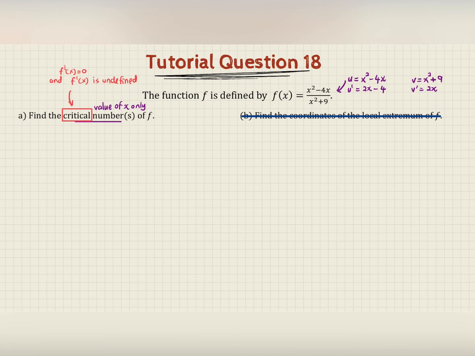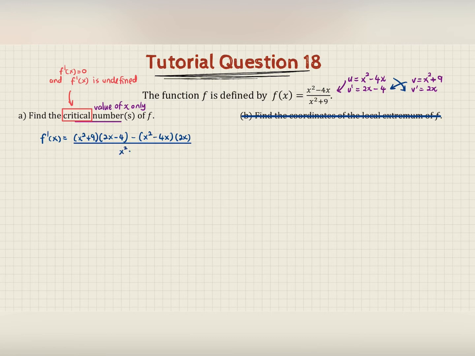Alright, so kita tengok dahulu f prime x dia sama dengan apa. So f prime x, ni nak gunakan quotient rule kan. So v u prime, x square plus 9 times 2x minus 4, minus u v prime, x square minus 4x times v prime, which is 2x, over v square.